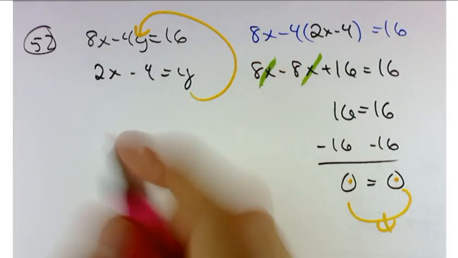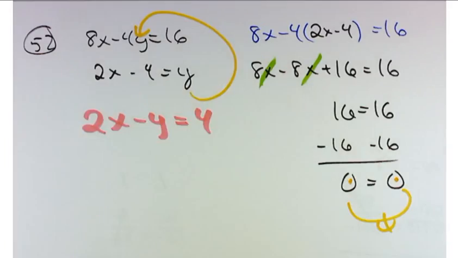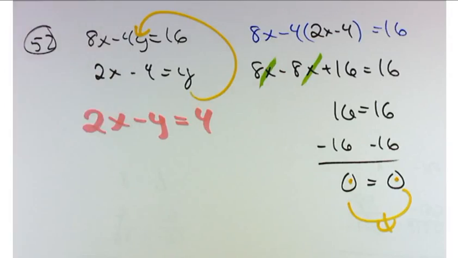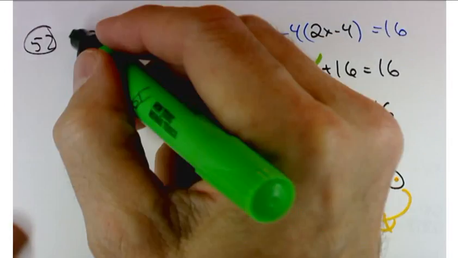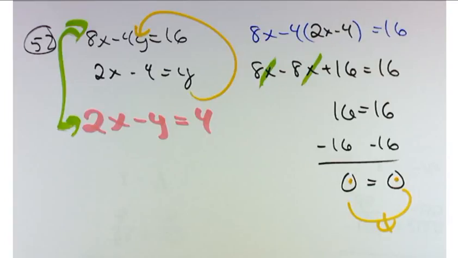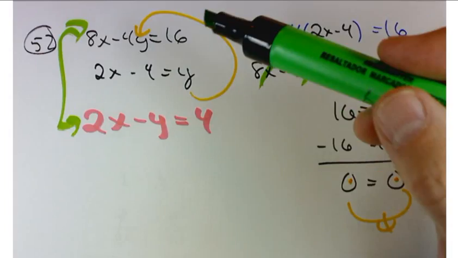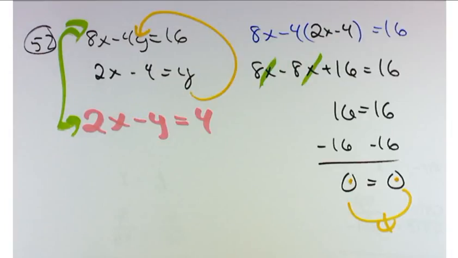Good. 2x minus y equals 4. So that's just rearranging the second equation. But can you see a relationship now between these two equations? Exactly. If you multiply this one by 4, you get this one. So that's why we're seeing this strange thing happen, that we ended up with the variables canceling each other out. That's because this is really the same equation.